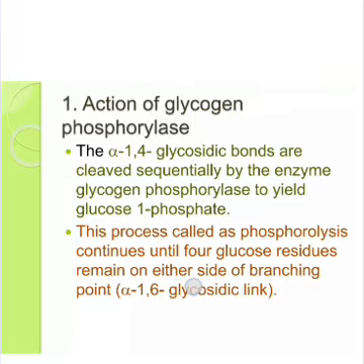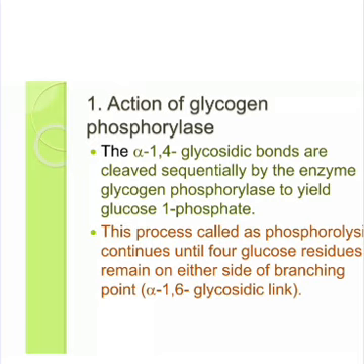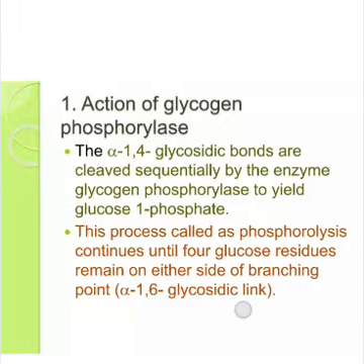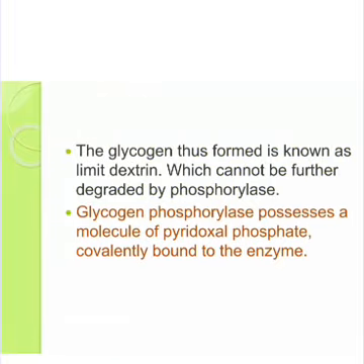First step of glycogenolysis is the action of glycogen phosphorylase. The alpha 1,4 glycosidic bonds are cleaved sequentially by the enzyme glycogen phosphorylase to yield glucose 1 phosphate. The process called phosphorolysis continues until 4 glucose residues remain on either side of branching points.